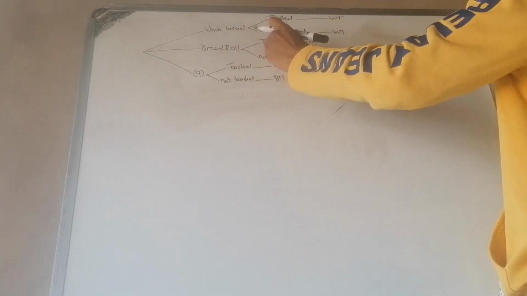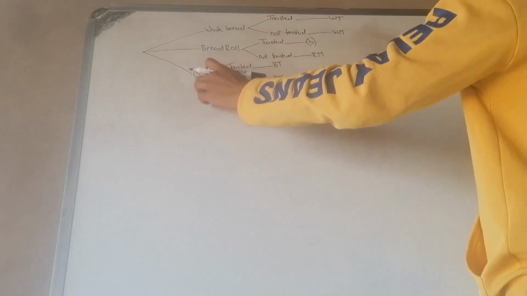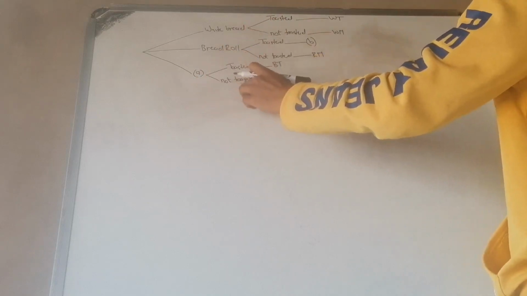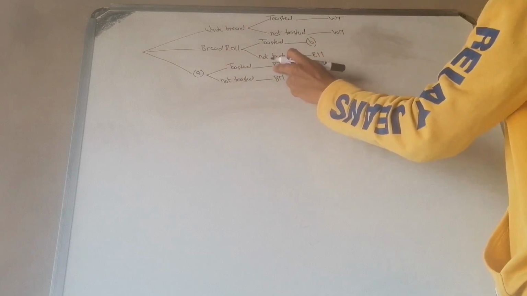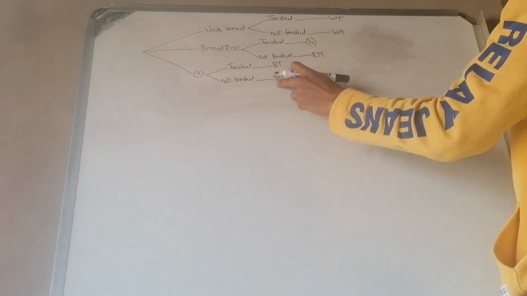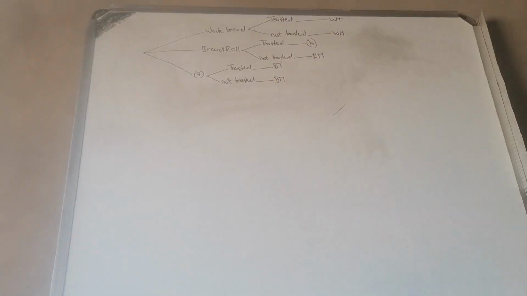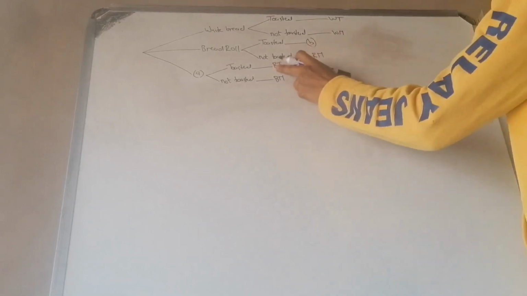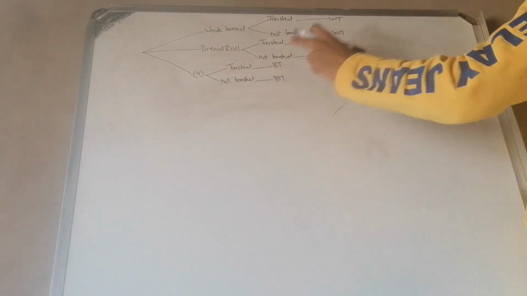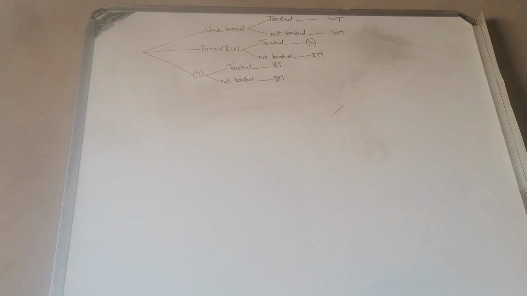Bread roll can be toasted or not toasted. And alphabet A can be toasted or not toasted. But what is this? This is brown, toasted. Brown, not toasted. How do we know that? The statement tells us white bread, W, and brown bread, B. So B is brown bread. That's how we know this is brown, toasted, and brown, not toasted.